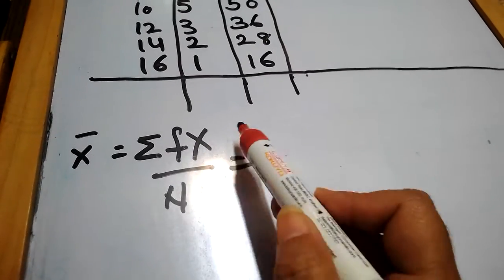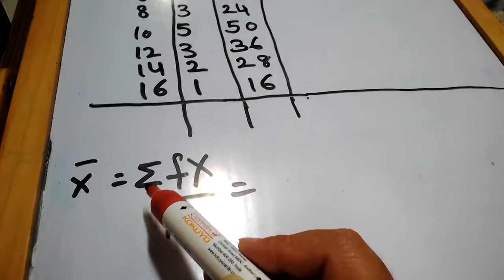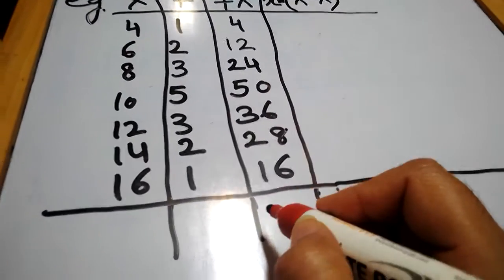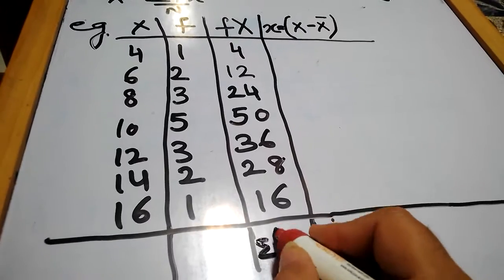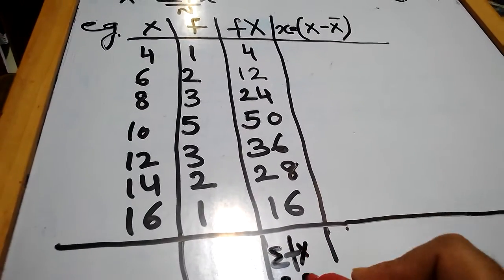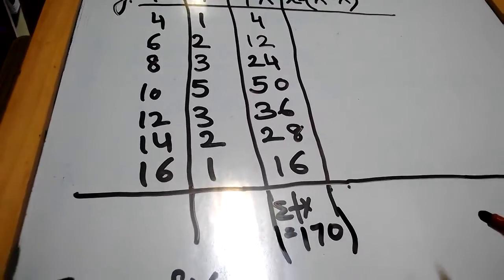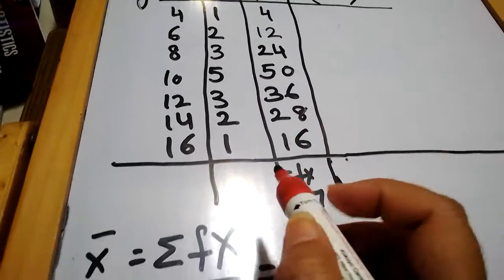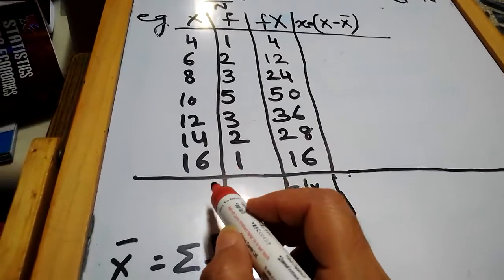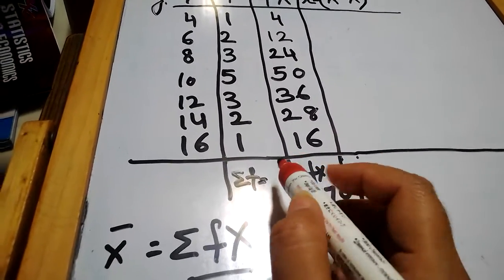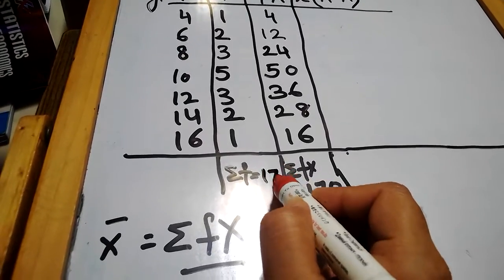Now we have to do the sum of which values? These values. We total it up, and the total of summation fx comes to be 170. And summation f, if I add it up, comes to be 17.